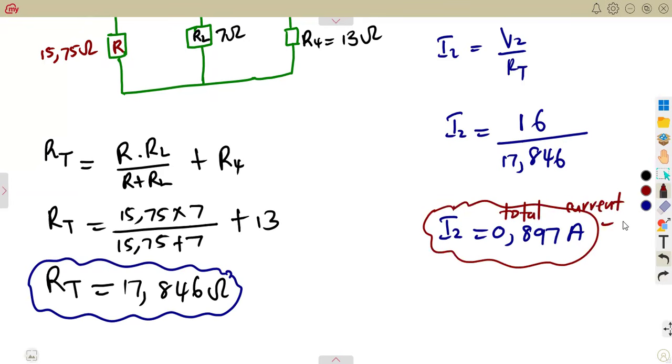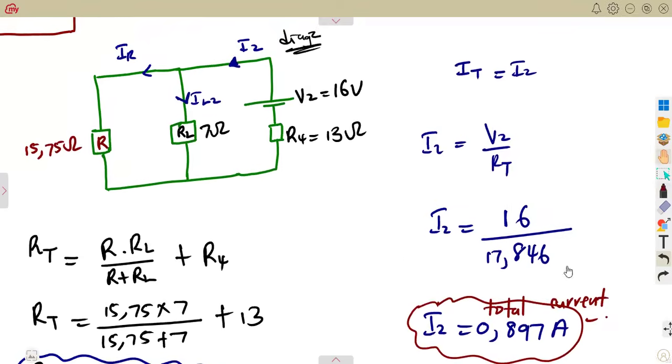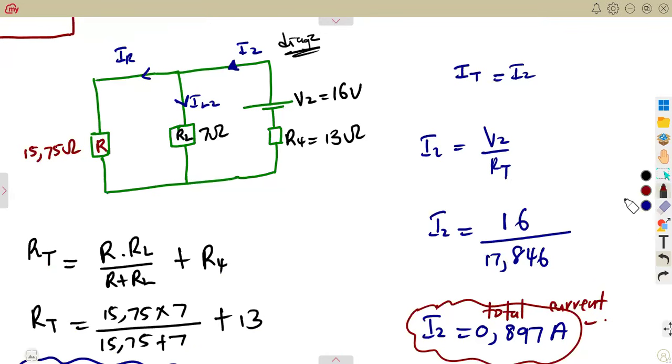So if this is the total current, guys, let's take this total current to our circuit diagram and see, is it going to help us to calculate the current across the load, which is the one that we need, or do we need to calculate this one? Okay, let's see. This is where we have our total current I2, which is 0.897.